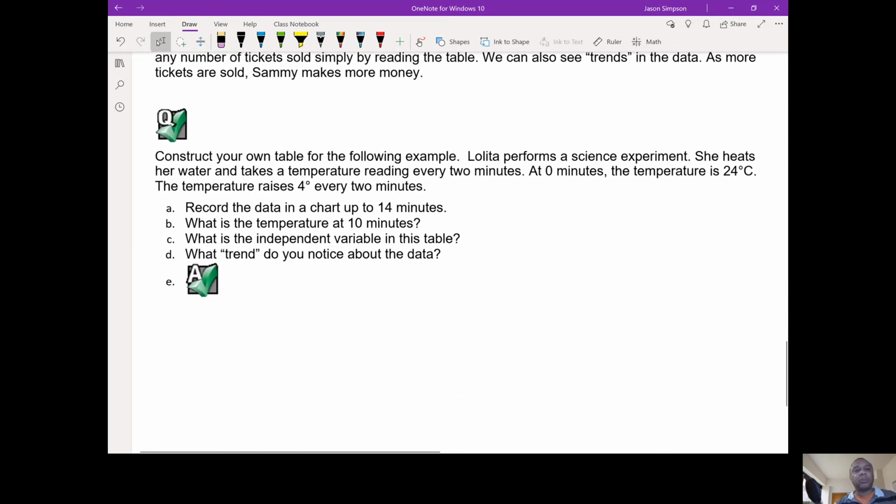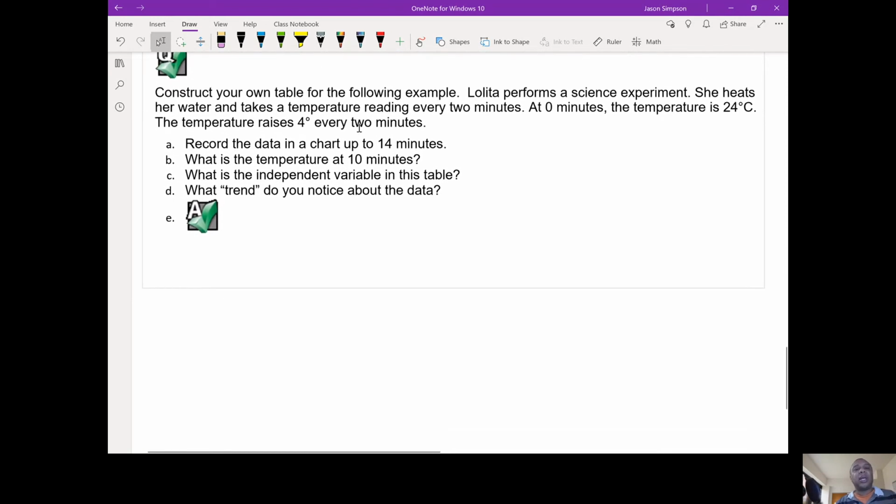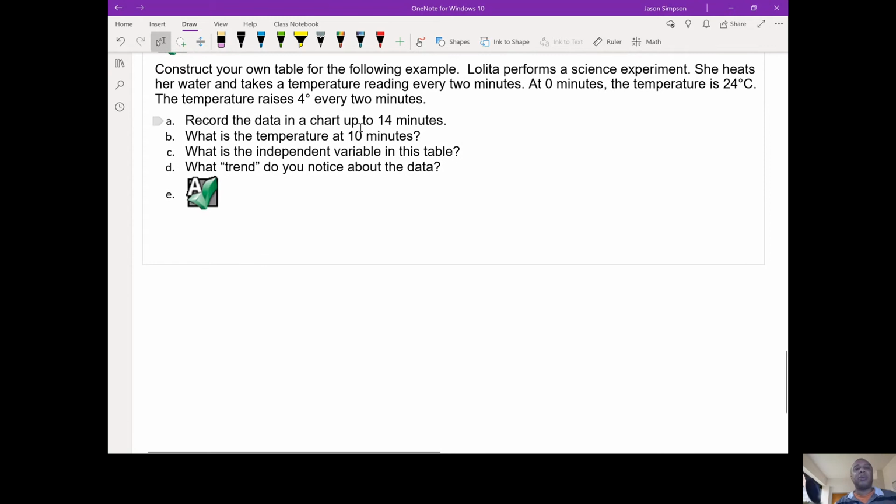Now, let's construct a table for this problem here. Lolita performs a science experiment. She heats her water and takes a temperature reading every 2 minutes. Okay, so let's do that.